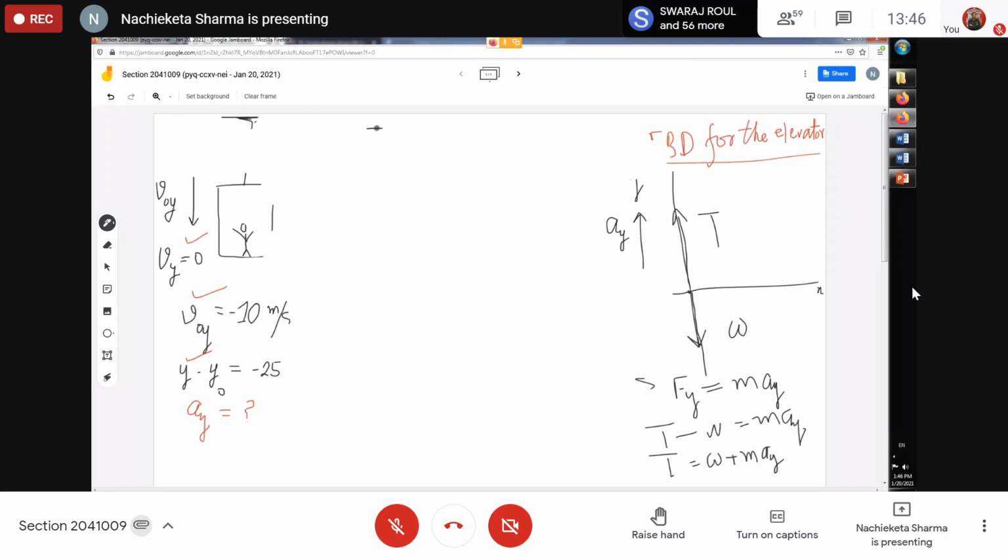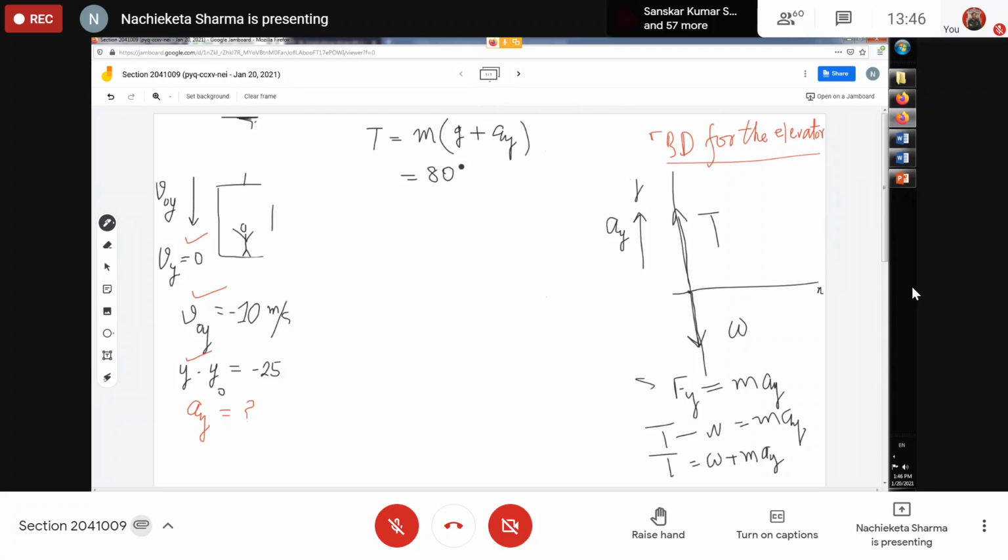T is equal to W plus may, or W is mg. So m is taken common, and then I will find out g plus ay. Now this is a beautiful equation. First let us do the calculations, then I will again come back to this equation.